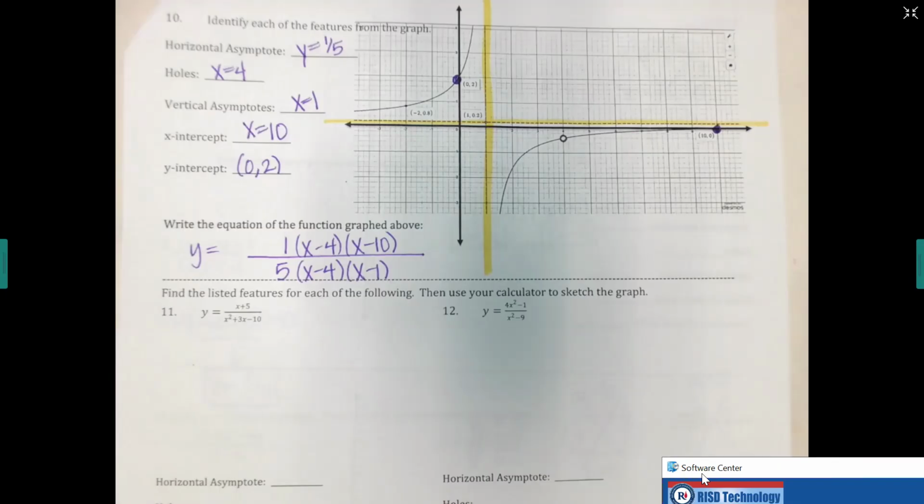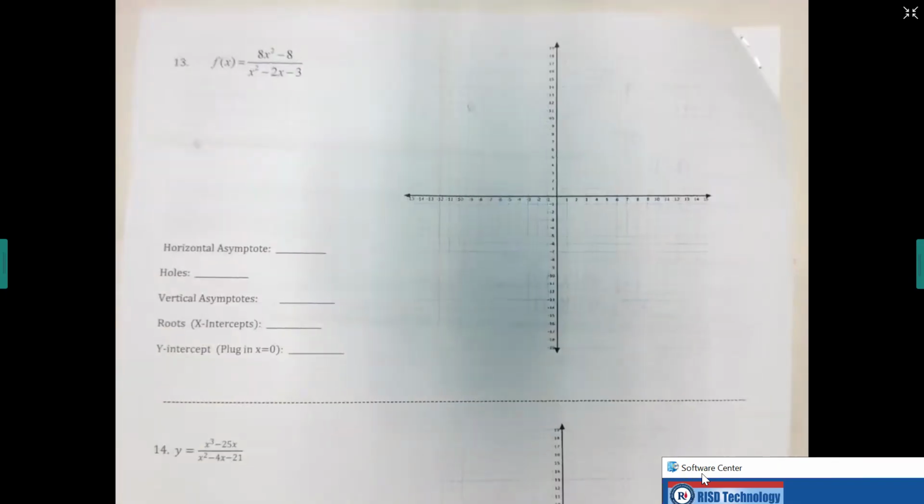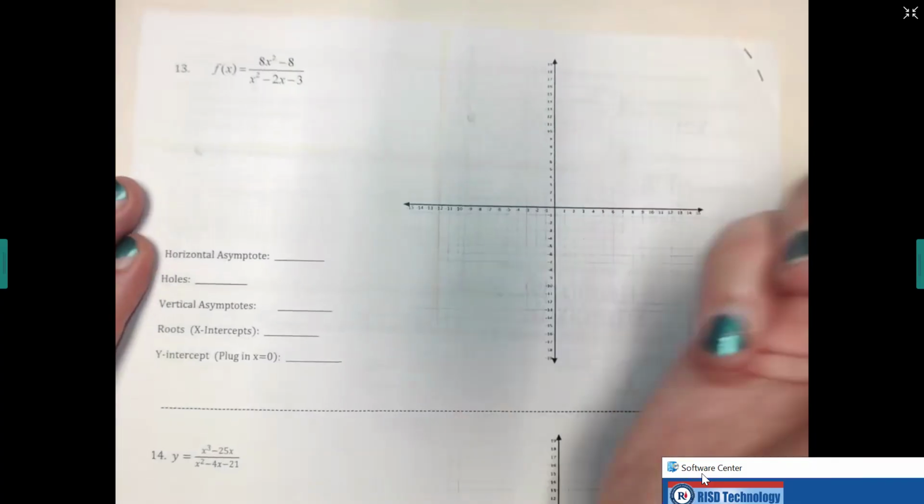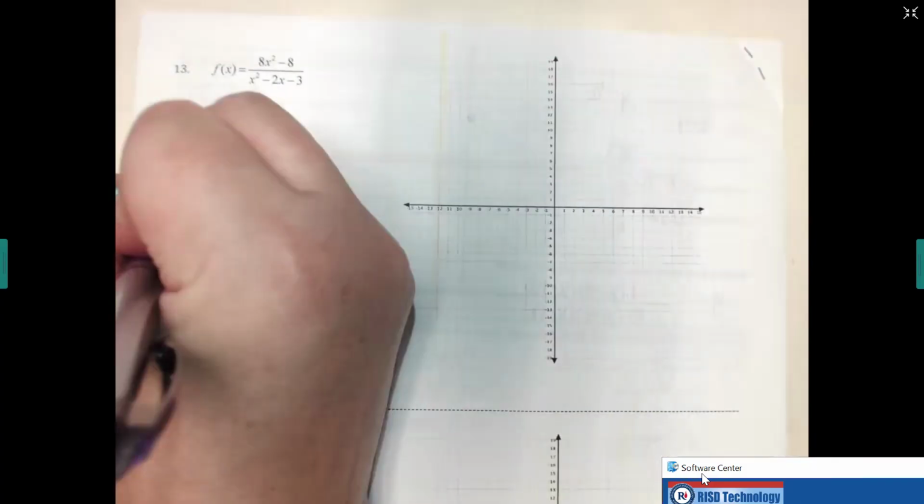All right, take a look at number 13 on the back. First question, is it a bed C? 13 is a bed C, because it's an 8x squared over what x squared? What number would go there?